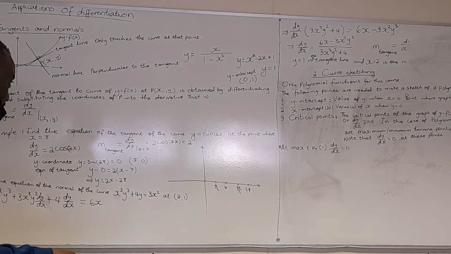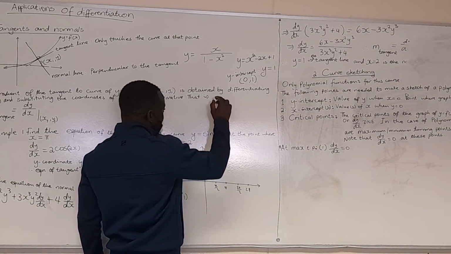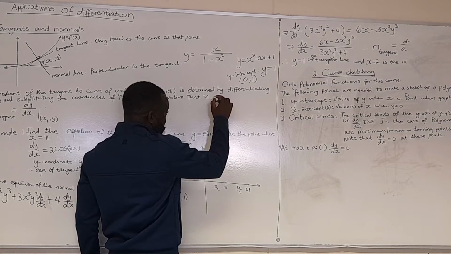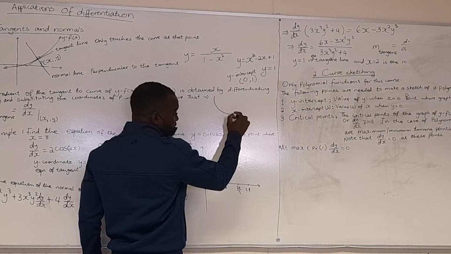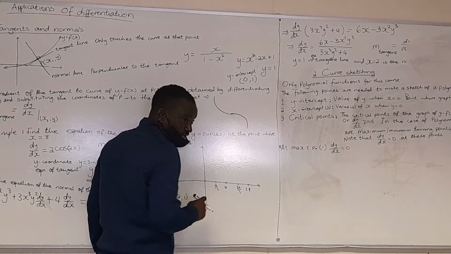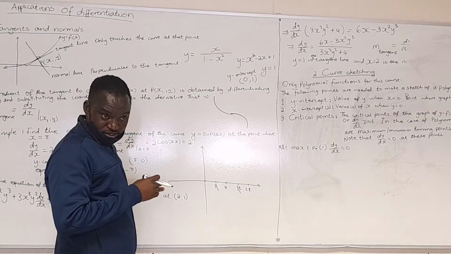Some, like parabolas, don't have a point of inflection. The point of inflection is a point where the curve, like cubic functions, sometimes goes like that. Somewhere there, it was curving up, then it starts curving down. At that point where it starts curving down, that is what we call the point of inflection.